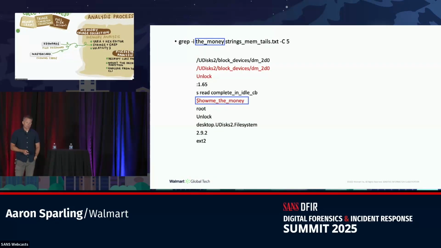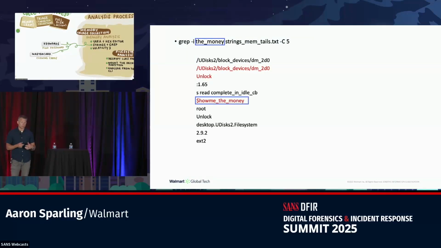Same thing, reference to the_money. You might be going, hey Aaron, how did you come up with all those strings for your Yara rule? A lot of times we'll just look at the notes that they have written around on their desk, and we'll see references to things that are of interest. And we'll put those into our Yara rule, or we'll use those as our starting points for doing string searches.